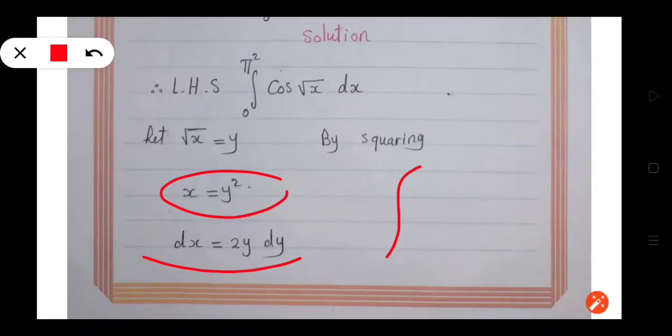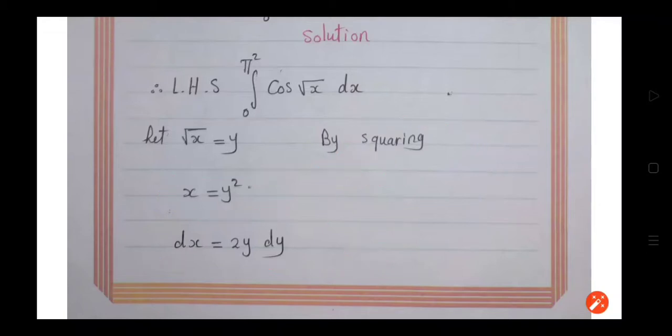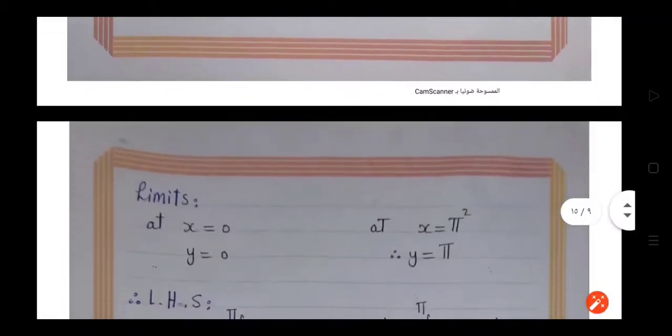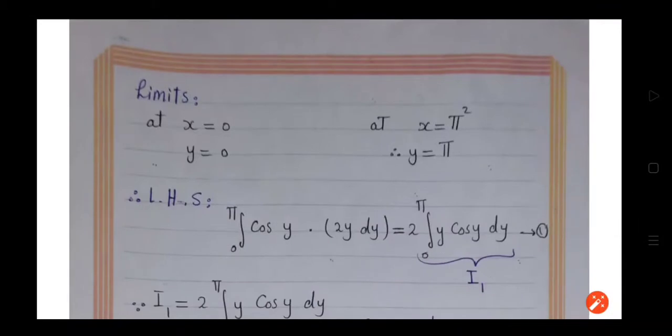Now we have two bounded limits of integration. These two limits are for x; we don't know the limits for y. There exists an important step, which is to find the new limits depending on the new variable.